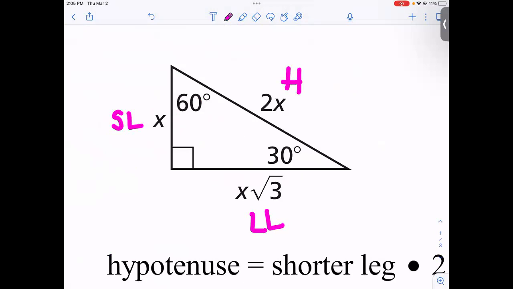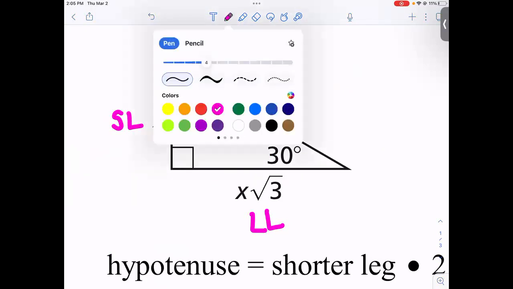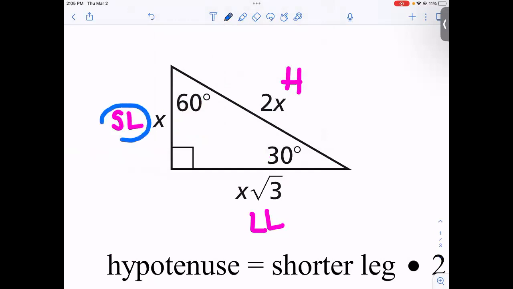Okay, now here are our relationships. You always need the short leg. So if you don't have the short leg, you have to find it first because these all stem from the short leg. The hypotenuse is double the short leg.